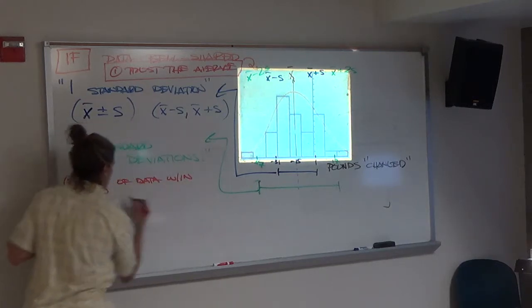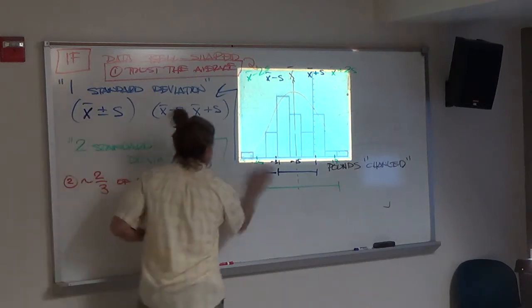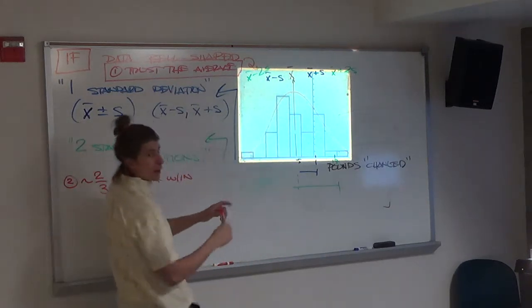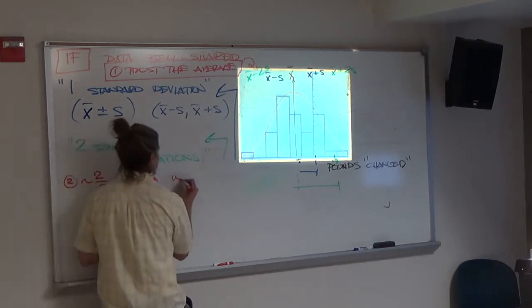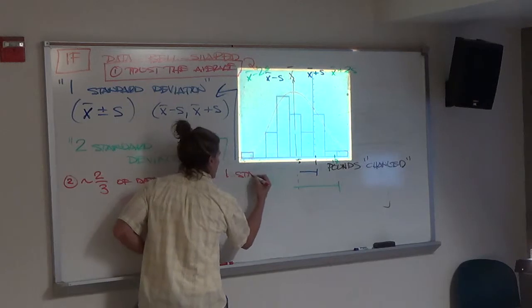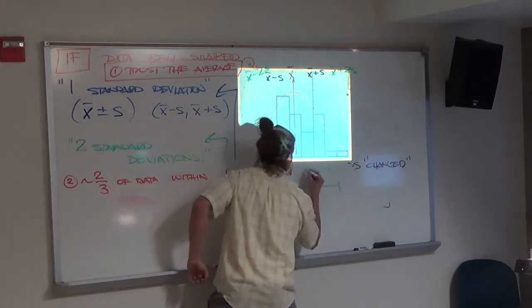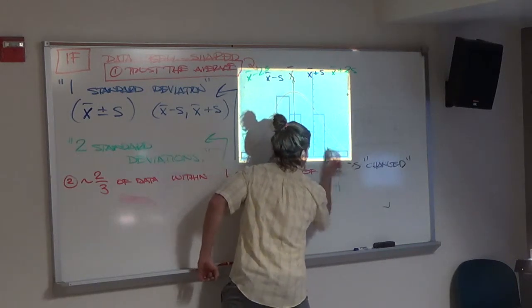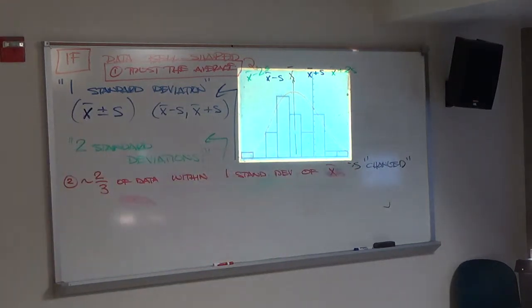About 2/3 of your data is going to be within 1 standard deviation of X bar. About 2/3. I heard 69%, that's close to 2/3.